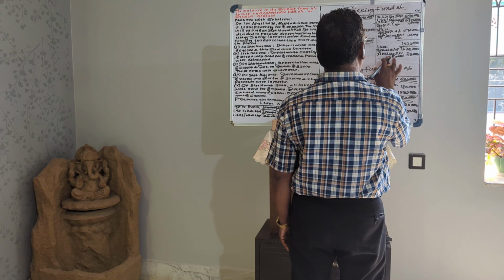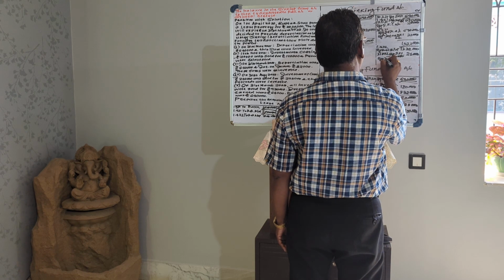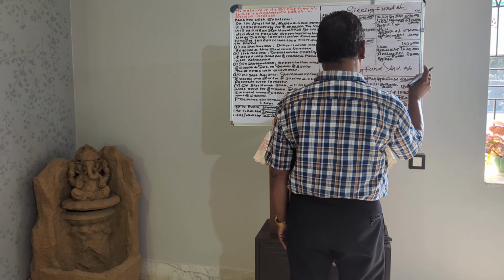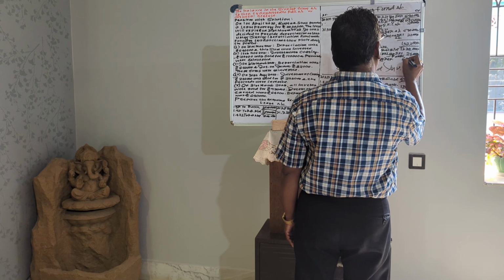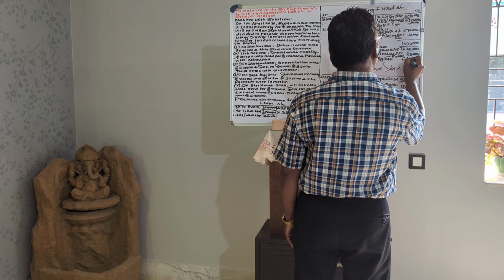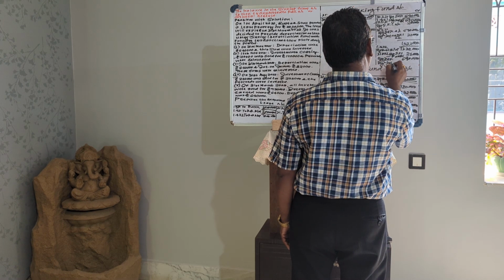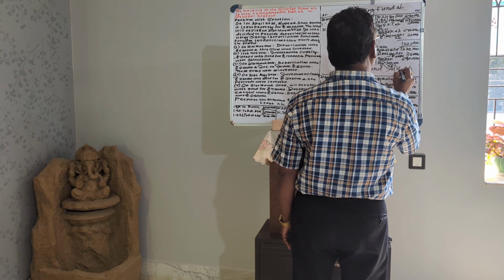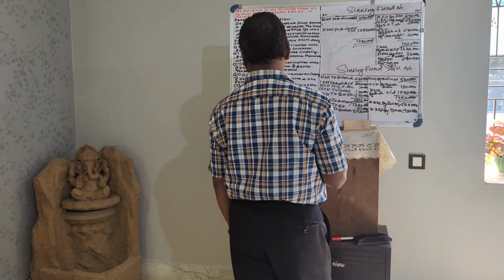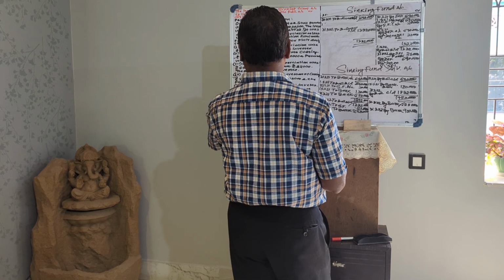By depreciation, the amount is 6 lakh 40,000. By interest on sinking fund investment account, the interest given here is 64,000.